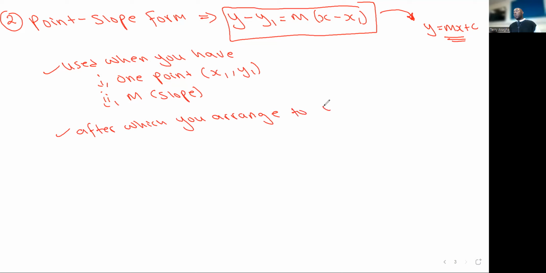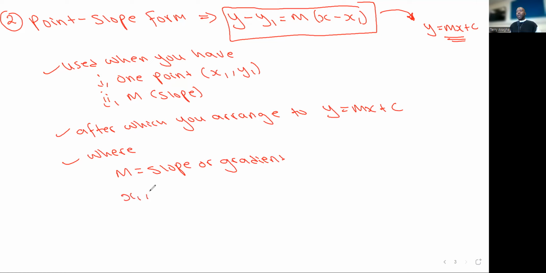So from the formula, we have y minus y1 is equal to m times x minus x1, where m is equal to the slope or gradient, and x1 and y1 are the given point. Remember, in this case, we have just 1 point.